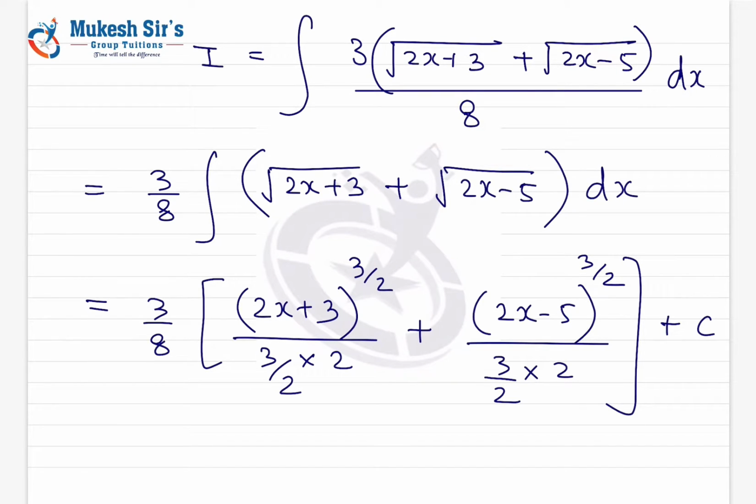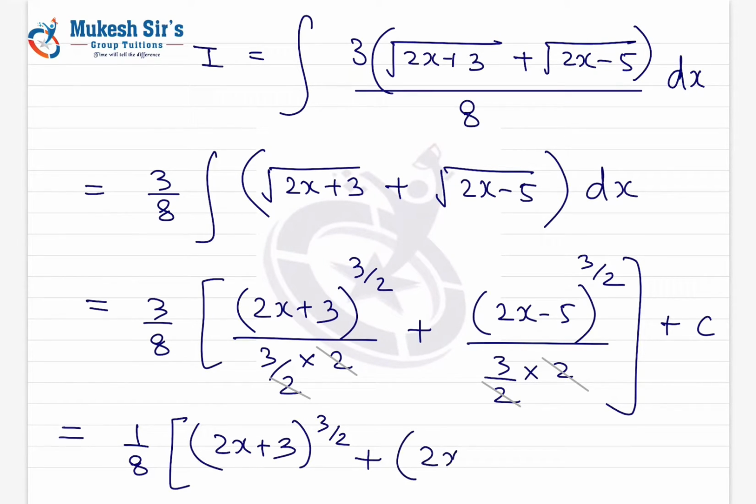So that 2 gets cancelled in the denominators of both the terms, right? And here also 2 will cancel. Take the 3 out, 3 gets cancelled. Take 3 common outside from both the denominators. That comes out and this becomes 1 by 8 into 2x plus 3 the whole raised to 3 by 2 plus 2x minus 5 the whole raised to 3 by 2 plus c. That's the answer.